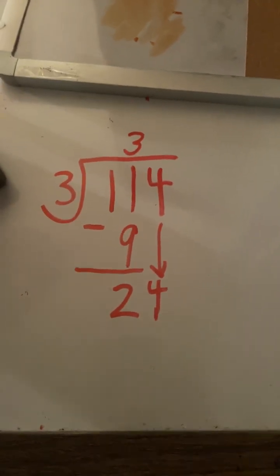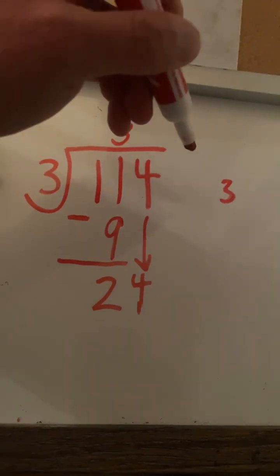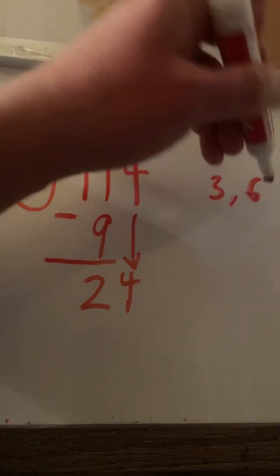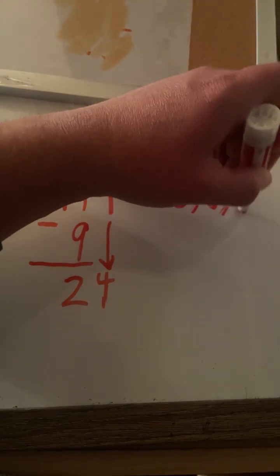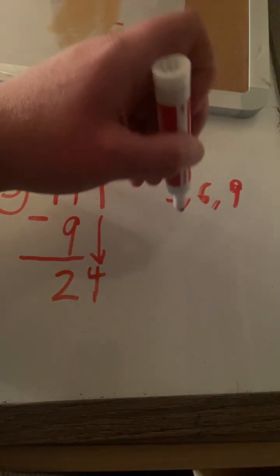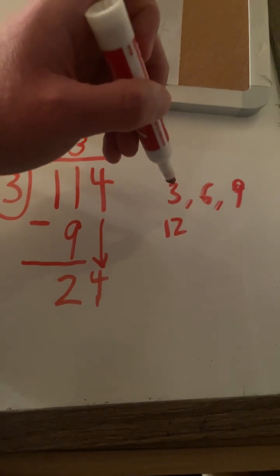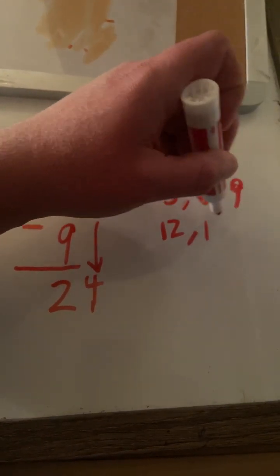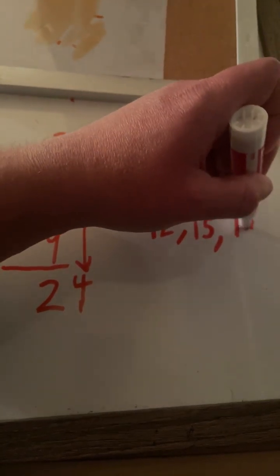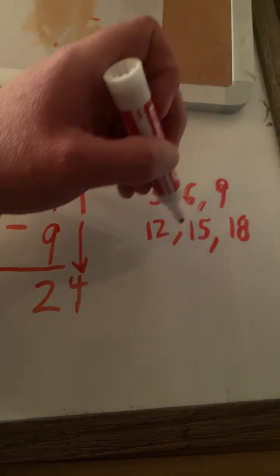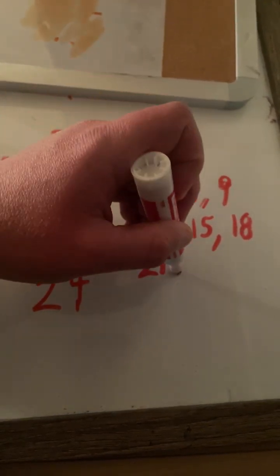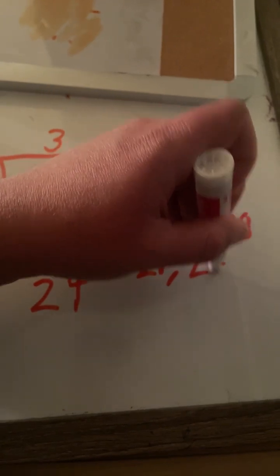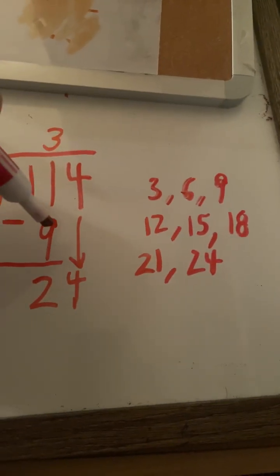So I'm going to count groups of 3. 3, that's one group of 3. 6, 2 groups of 3. 9, 3 groups of 3. 12, 4 groups of 3. 15, 5 groups. 18, 6 groups. 21, 7 groups. 24, 8 groups of 3. And it looks like for this one, there is no remainder.